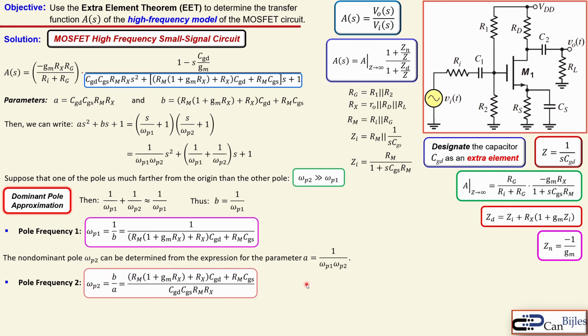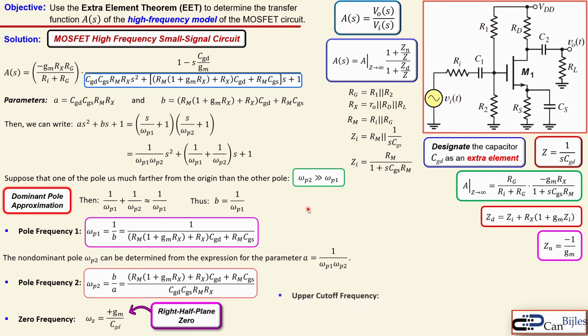And now we will also prove that indeed omega p2 is much larger than omega p1. That is also, by the way, a zero frequency. We have already discussed that this is the zero frequency on the right half plane. I have designated that as plus just to mention this clearly. How about the upper cutoff frequency? Well, in the dominant pole approximation, omega p1 is much smaller than omega p2, so that will dominate.